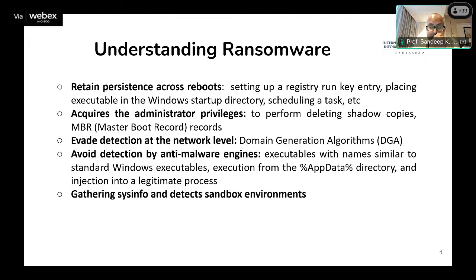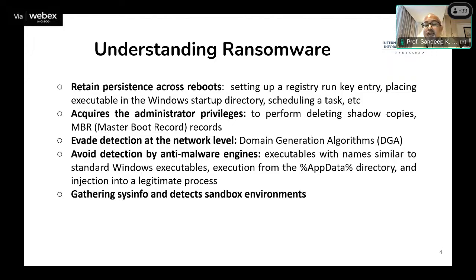They also try to do privilege escalation to get administrative privileges. This is required by them to delete things like shadow copies, master boot records, and stuff like that. One way to detect ransomware was that ransomware usually has to communicate back to its command and control servers.